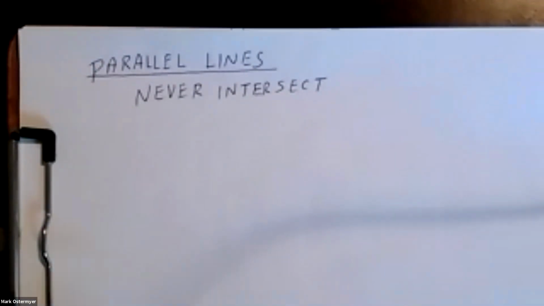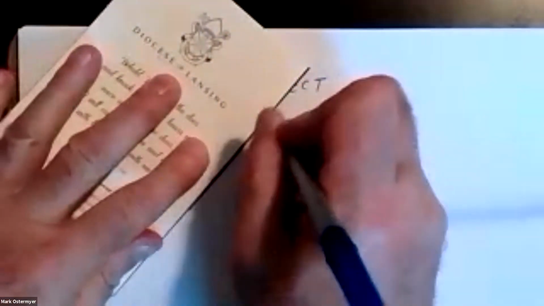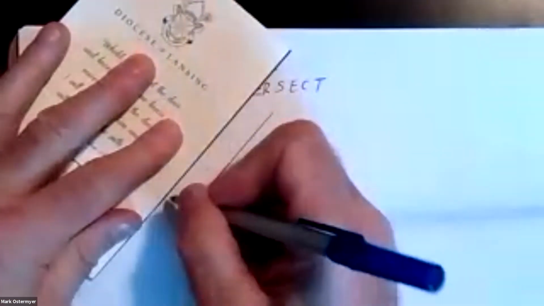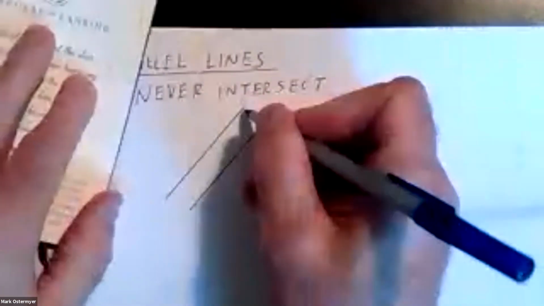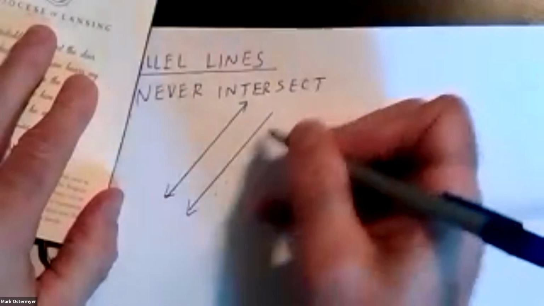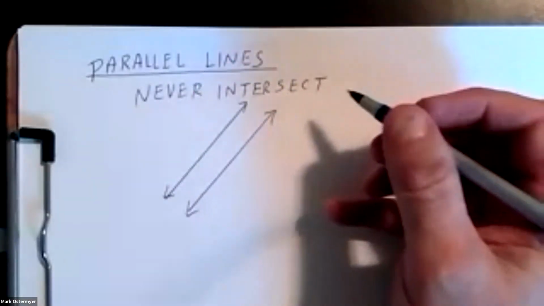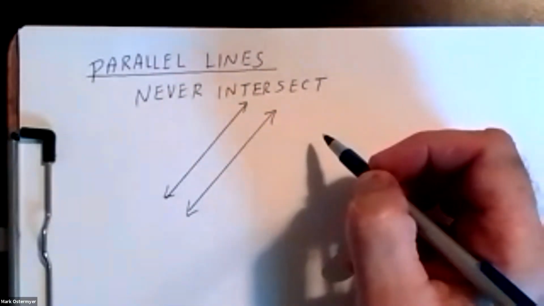And because parallel lines never intersect each other, that means their slopes have to be the what? What's the relationship between the slopes of parallel lines?